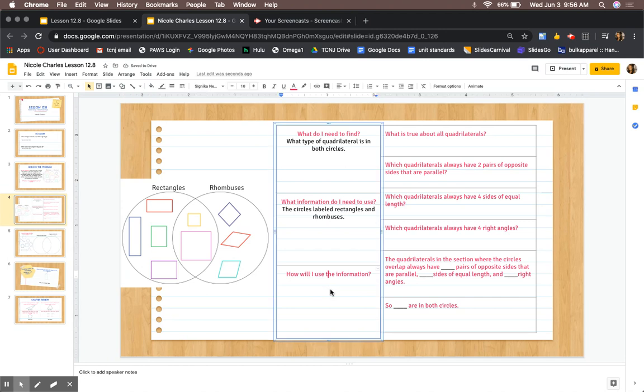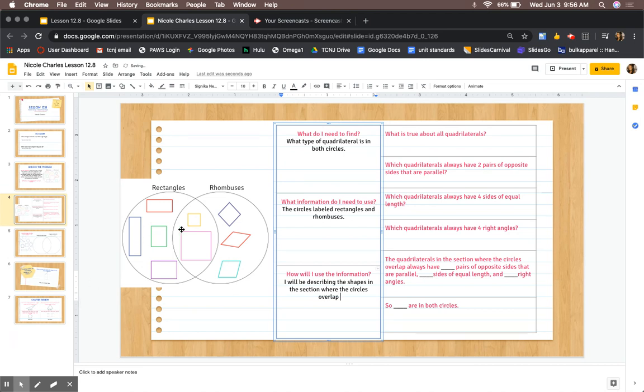So next it says, how will I use this information? How are we going to be using the information that's given to us to try to solve the problem? Well, what are we going to be doing? So we're looking at this Venn diagram, so we need to try and figure out what shape this is in the middle. So we could say, I will be describing the shapes in the section where the circles overlap.